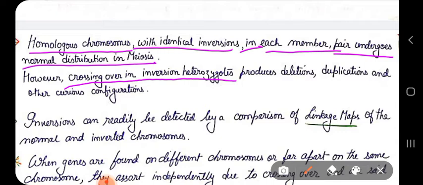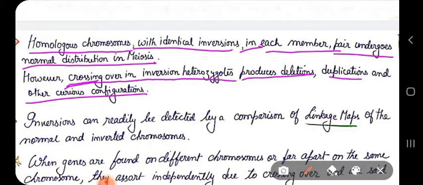So in case of an inversion heterozygote, when crossing over occurs, it produces deletions, duplications and other curious configurations. You will see them in the image a few minutes later.